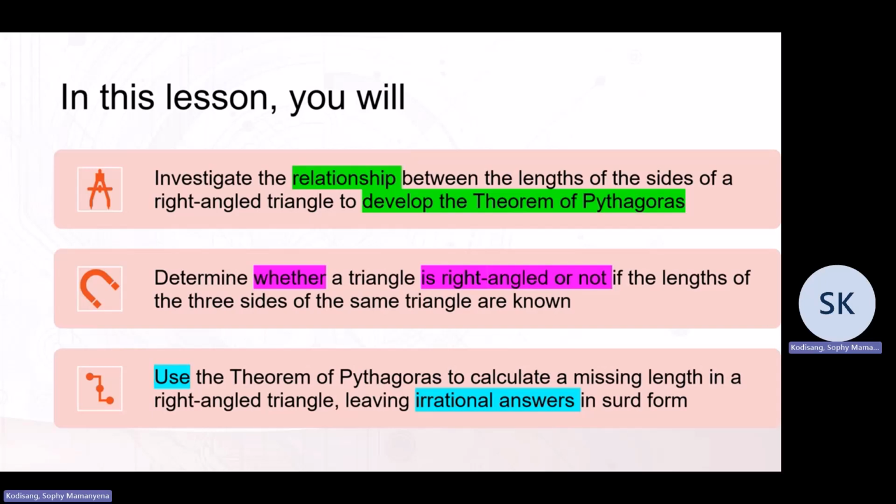And we are also expected to determine whether a triangle is right-angled or not, if the lengths of the three sides of the same triangle are known. And lastly, we are also expected to use the Theorem of Pythagoras to calculate a missing length in a right-angled triangle, leaving irrational answers in surd form. So this is the expectation in grade 8.